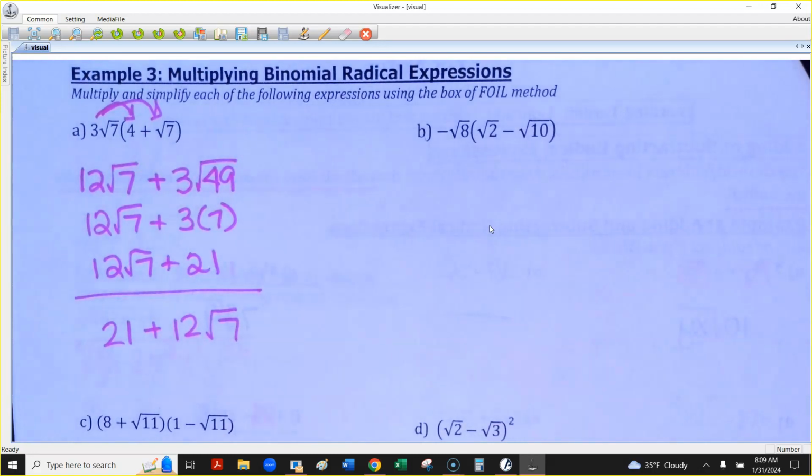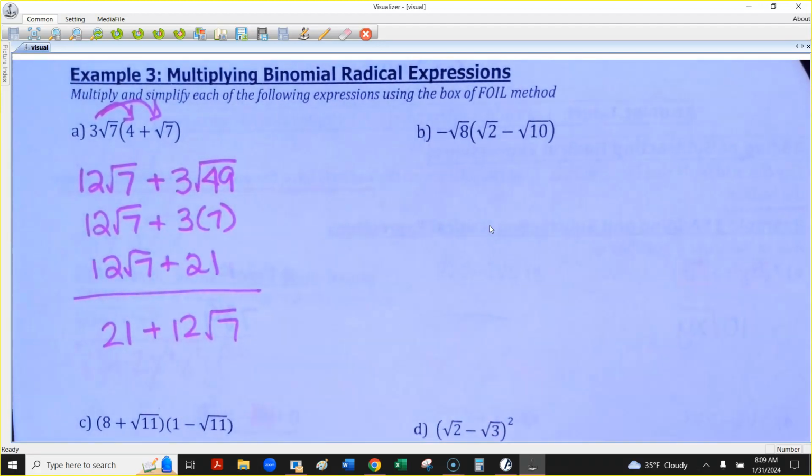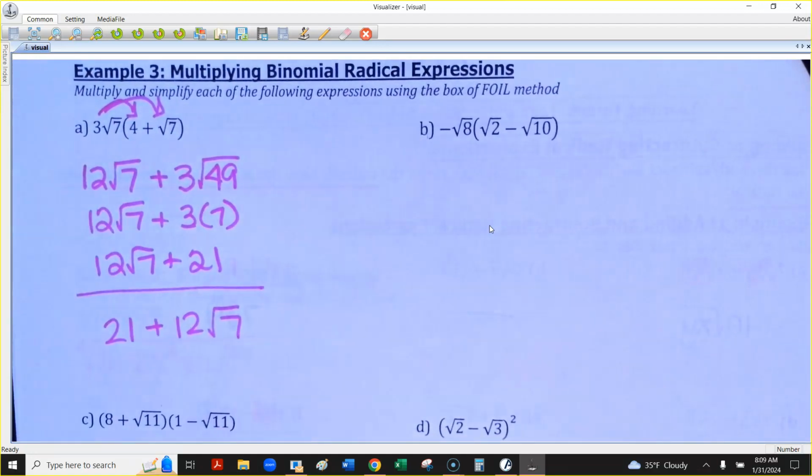So I would take either one of those answers, but if you can remember, if you got a plain number, just put that out in front. You cannot add those together because you don't have like radicals. You have a 21, which doesn't have a radical, and 12 roots of 7. So that's as simplified as it can get. So I would take either answer, but if you can remember, try to put the plain number in front.